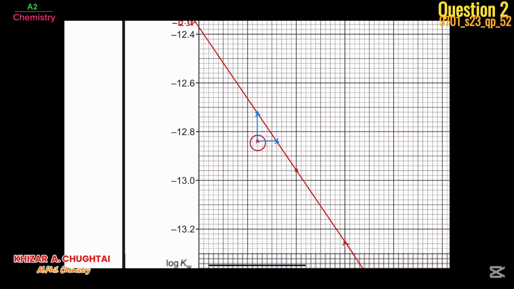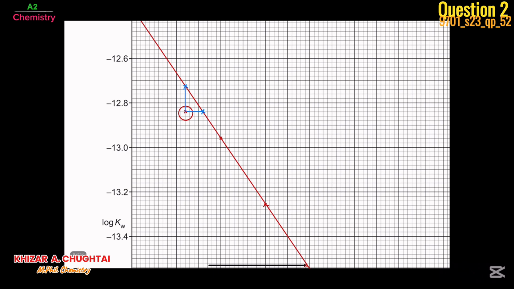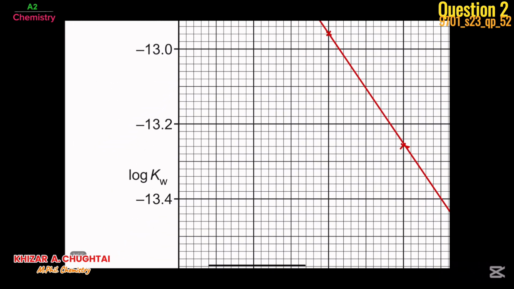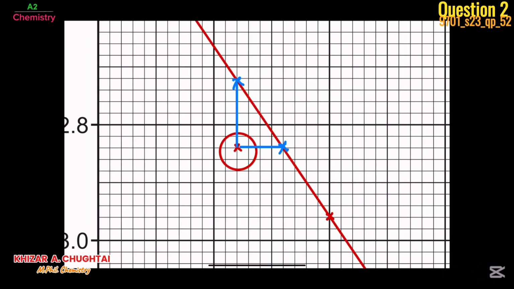So seeing that there is no error in the determination of Kw, vertical error is not possible. So here is the error. Error is lying over here.